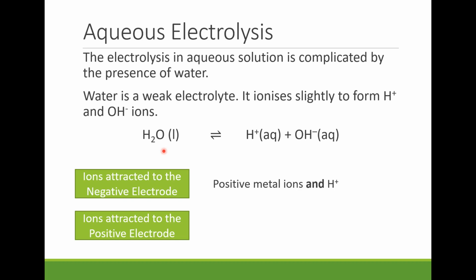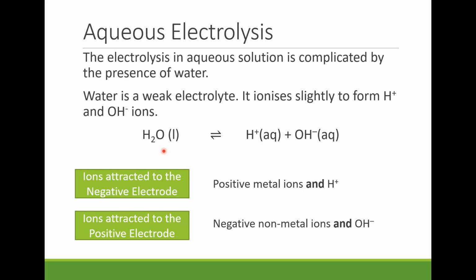We've got 2 positive ions present in this aqueous solution: the positive metal ion, whatever is forming the salt, and the H+. Similarly, with the positive electrode, there are going to be 2 ions attracted to that: the non-metal negative ion from the salt and OH- ions from the water.